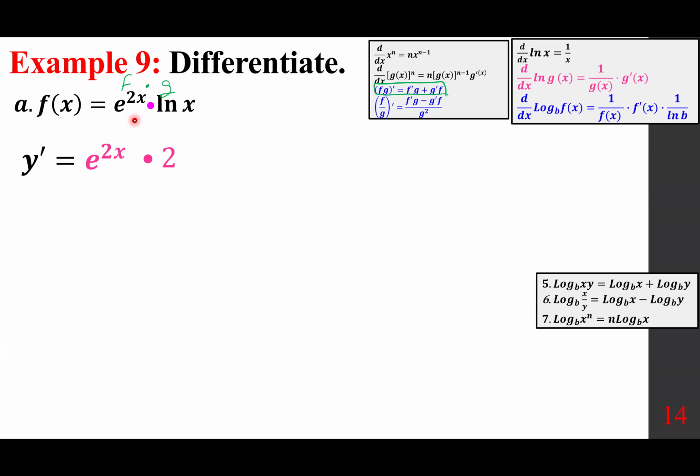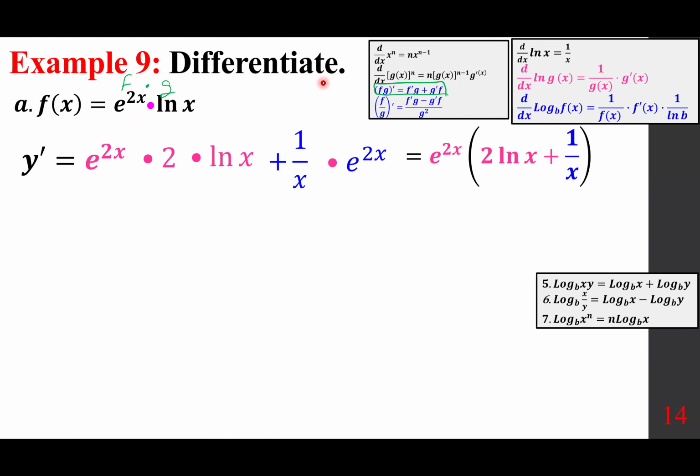That's f prime times g, ln x. And ln x, it's 1 over x times f, which is e to the power of 2x. So if I take the e to the power of 2x out as a common factor, I'm left with 2 ln x here, 1 over x here, and I'm done. So again, pretty straightforward, everybody.